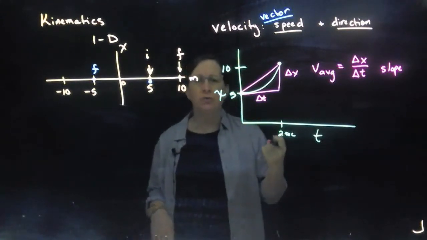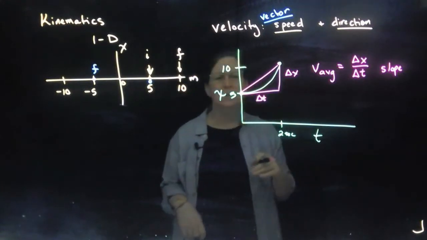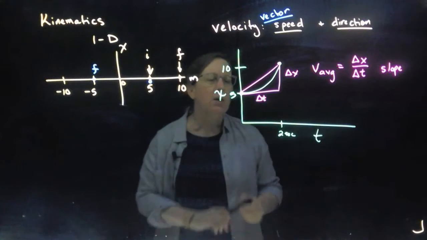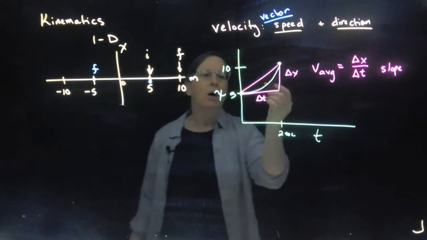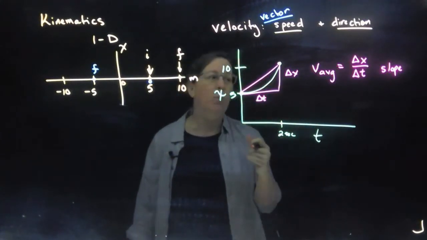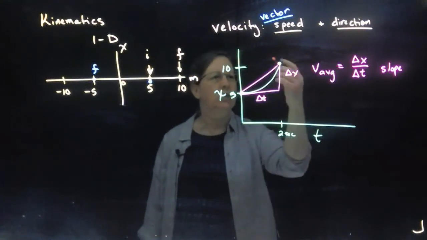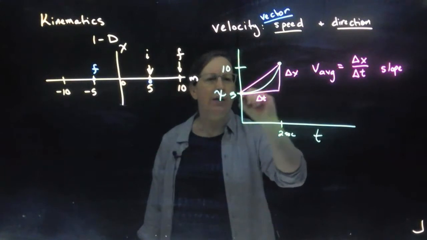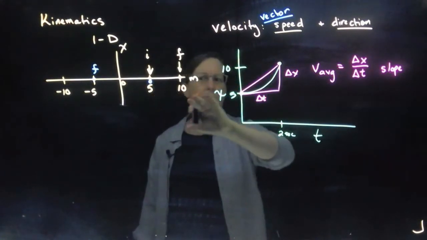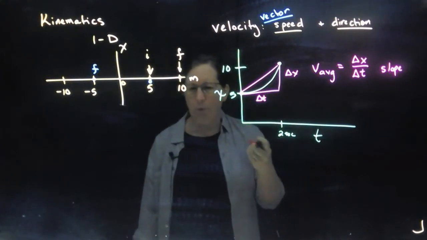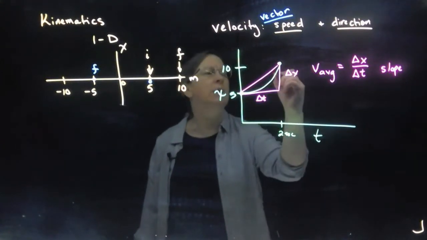And that's a useful thing because we can look at these and we can say something about the slope as we go along. If we look, for example, at the slope at any one point, that is what we mean by our instantaneous velocity. So I want to know how fast this person who's walking from 10 to 5 is going at any one particular point. What's the speedometer reading?